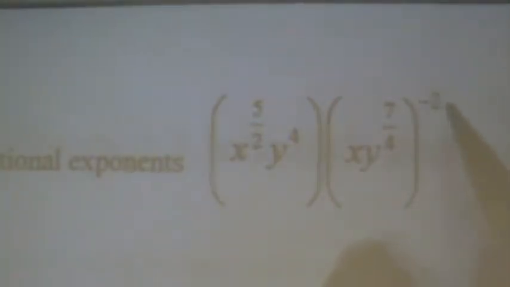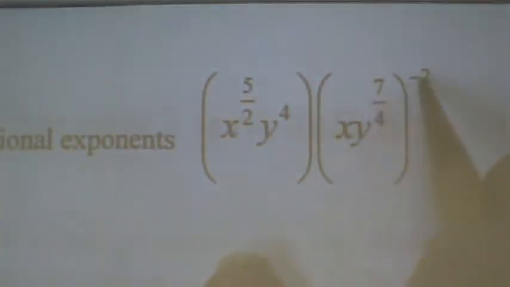I see a power to power here. What are you going to do with this power to power? Multiply. You're going to distribute the negative exponent here and here, so you're going to do -2 here, x to the -2 power. Now, what do we do with 7/4 and -2?